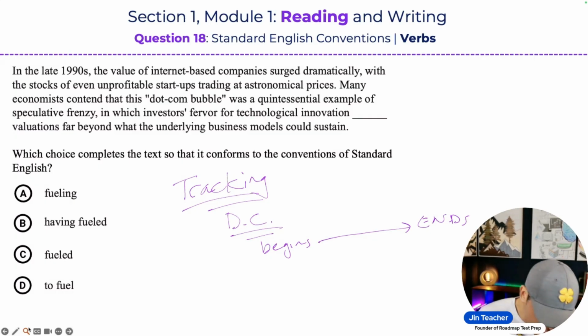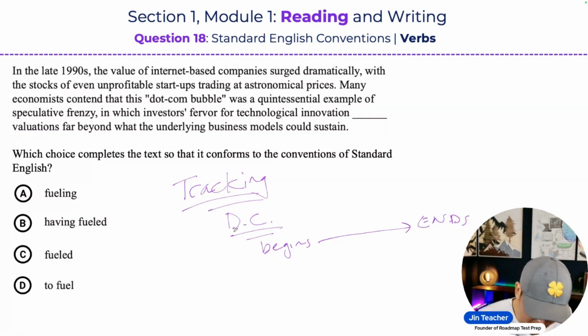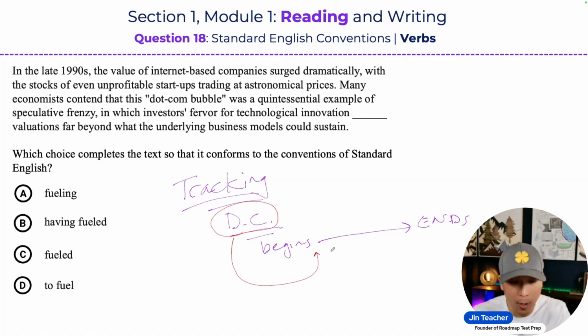Now, this is going to be extremely important because your foundational knowledge of these components is going to dictate whether or not the SAT creates these components in a grammatical way. In other words, when the SAT is testing you on verb forms like this, they're also testing you on sentence structure.